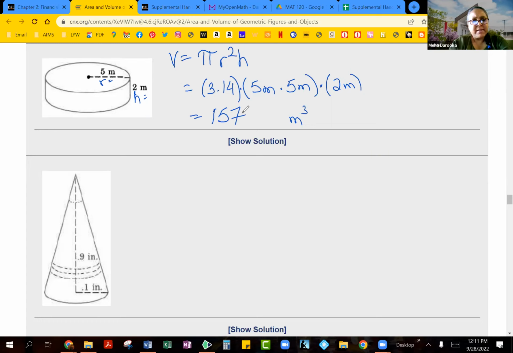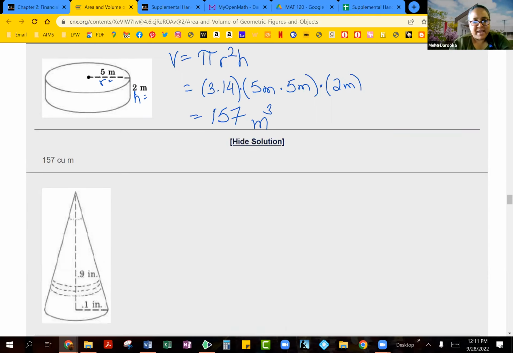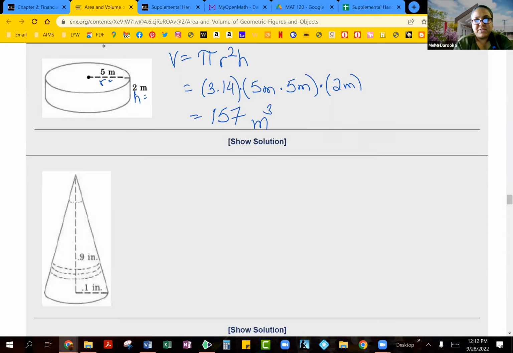So yeah, check your math again, see what happened. But 157 cubic meters is what our answer should be. Oh, okay. I see. Okay. And again, if the answer key is right, then we should have 157. Okay, wonderful, Sabrina. 157 looks good.